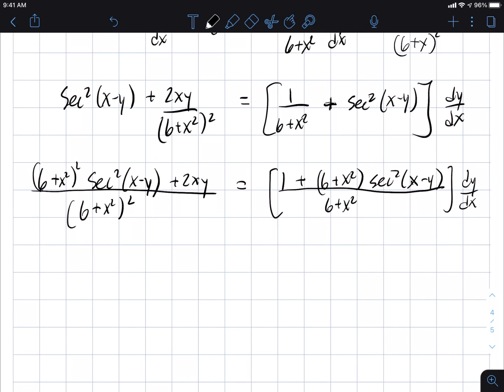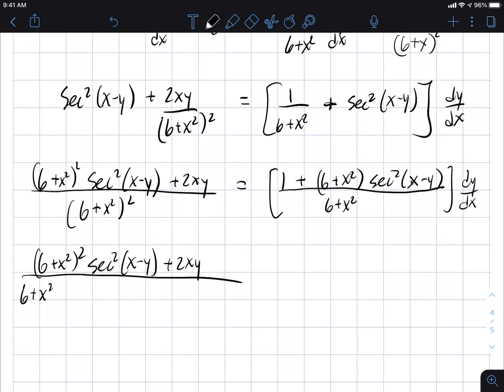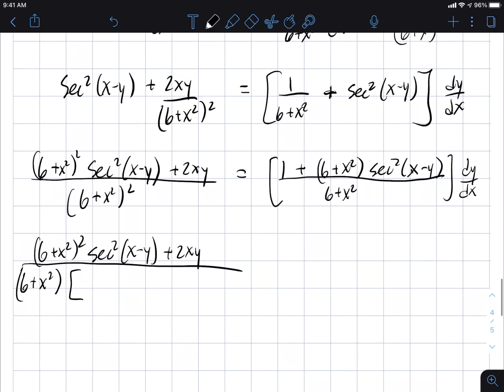Okay, so then I'm going to get (6 plus x squared) secant squared (x minus y) plus 2xy over (6 plus x squared) times (1 plus (6 plus x squared) secant squared (x minus y)) is dy dx.